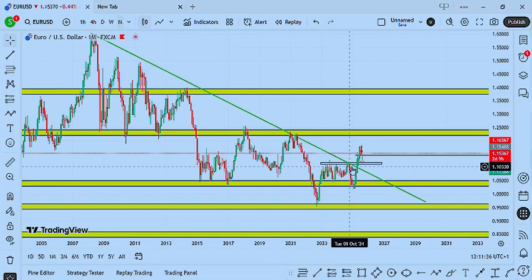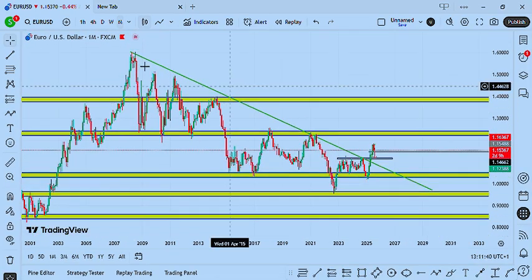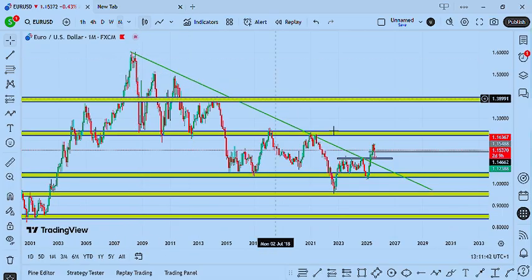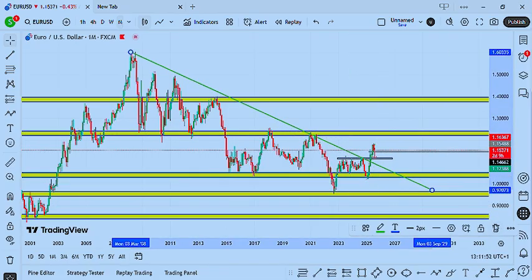It respected this the third time. Let me zoom out a little bit. This was the first touch, the second touch, the third touch. The market respected this trend line, it dropped, then broke out of it. That's why the Euro market has been in bullish momentum.